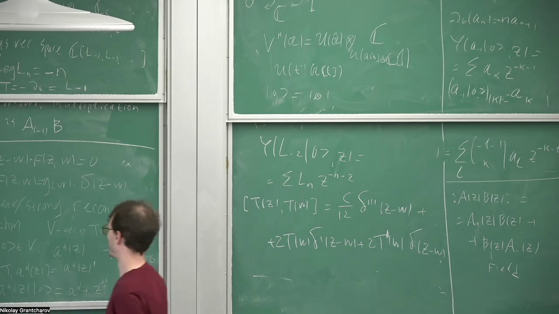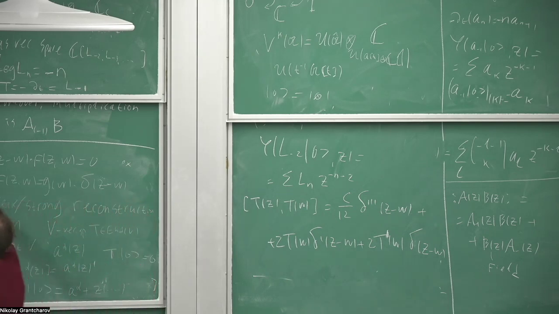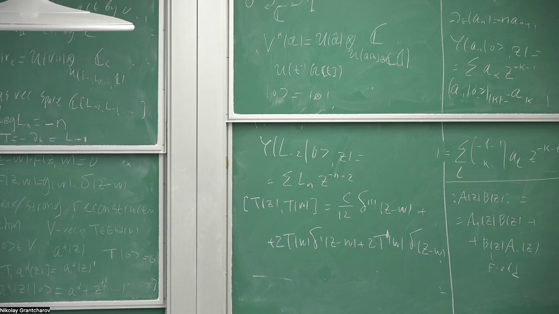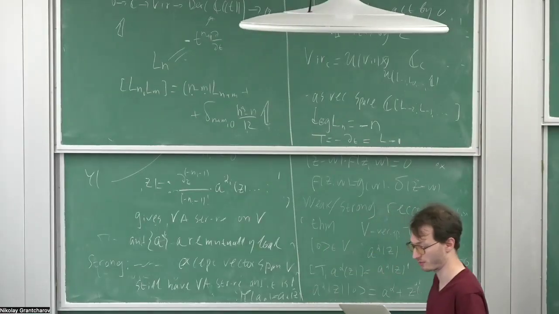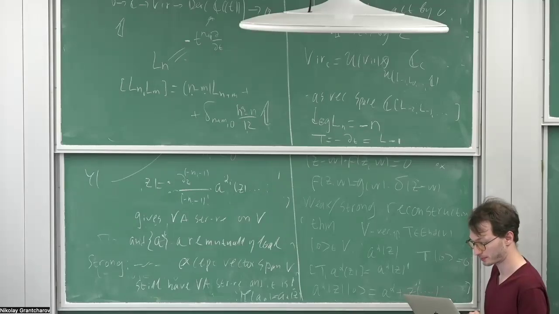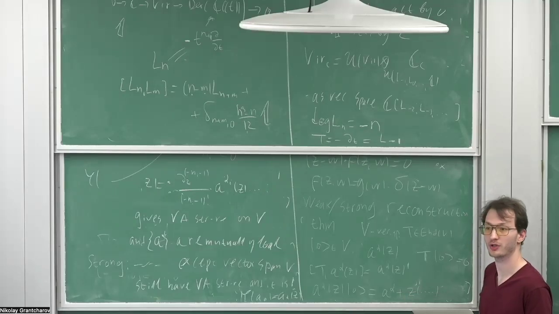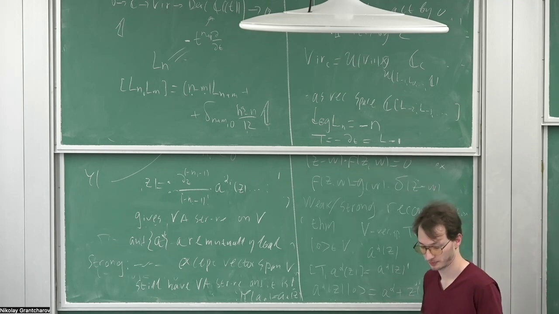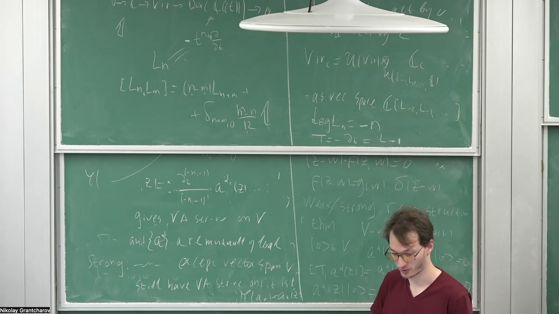The delta third derivative comes first, and the delta prime comes from choosing which variable you differentiate. Questions? So this gives me the structure of a vertex algebra on this vector space V_{Vir,C}. And this is called the Virasoro vertex algebra.